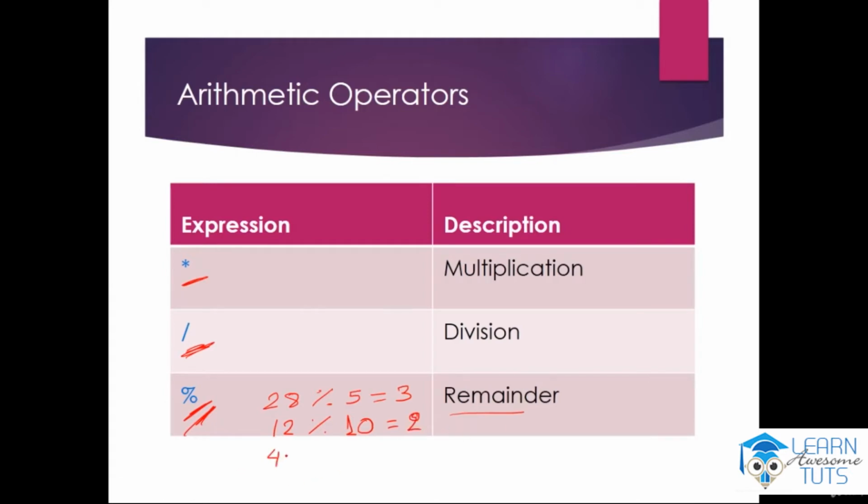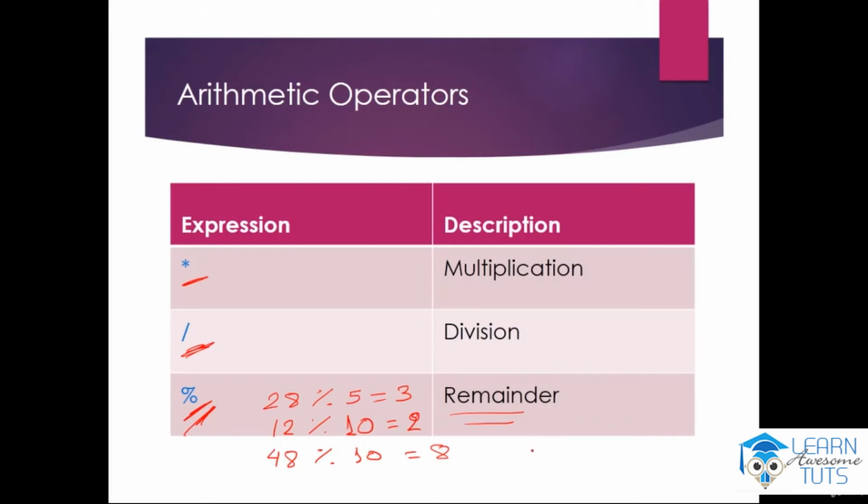So 48 remainder 10. Stop the video and write me the answer. This means actually that 4 multiply 10 equals 40, so the remainder is only 8.